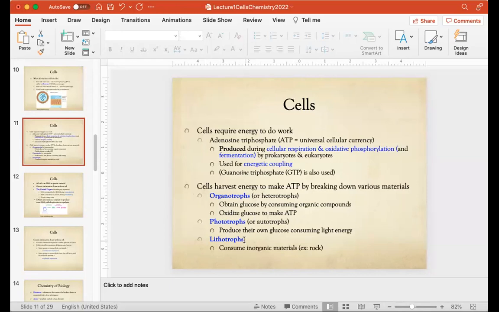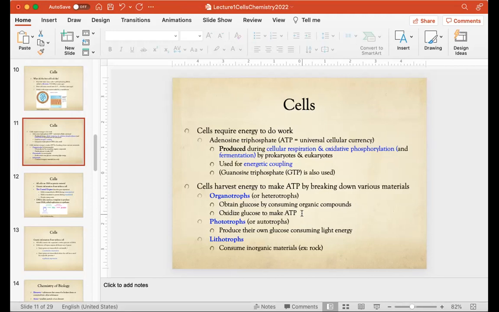So let's compare them. An organotroph, or a heterotroph, is an organism that gets glucose by consuming other organic compounds. Then they're going to take that glucose molecule and break it down or oxidize it in order to make ATP.